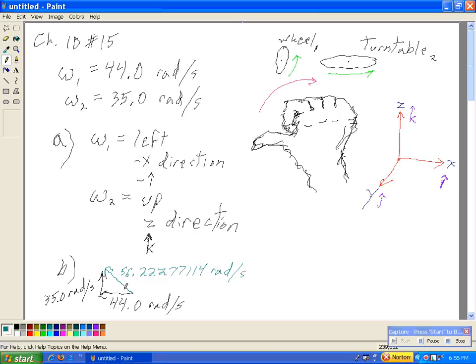Next question is, what's the angle? So the tangent of that angle will be opposite over adjacent.